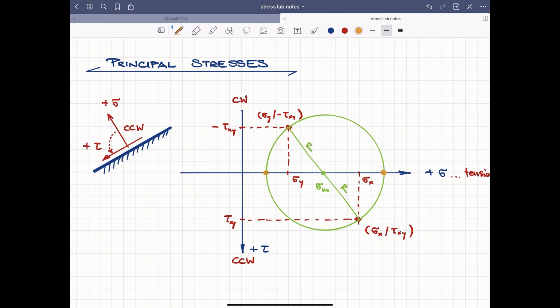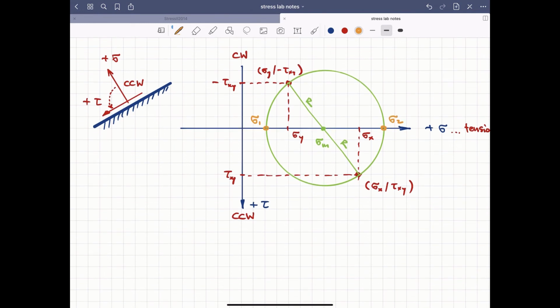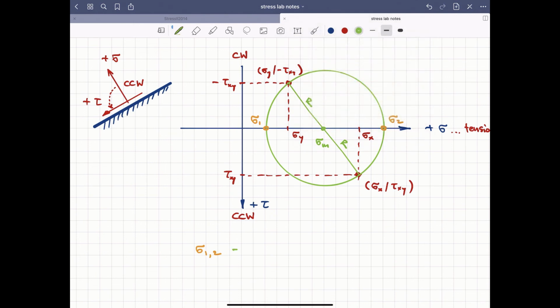That means maximum normal stresses, we call them sigma 1 and sigma 2, come on surfaces where the shear stress disappears. Computing these values is simple from the circle. We simply find the values sigma 1 and sigma 2 as the center of the circle plus minus the radius.